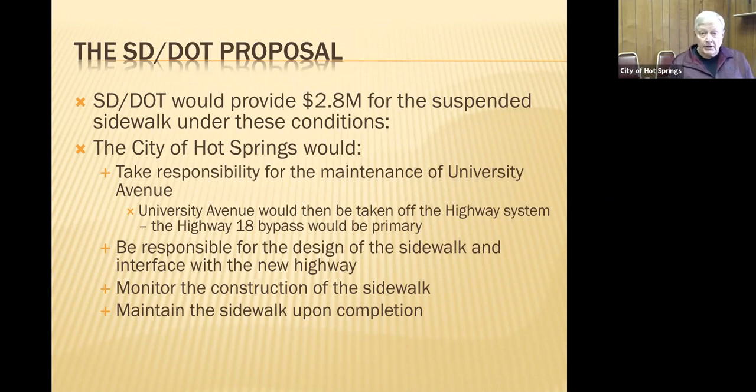The bypass then would become US Highway 18, and we would be responsible for University Avenue. We'd be responsible also for the design of the sidewalk and the interface with the new highway. We'd have to monitor the construction of the sidewalk and then maintain the sidewalk upon completion.